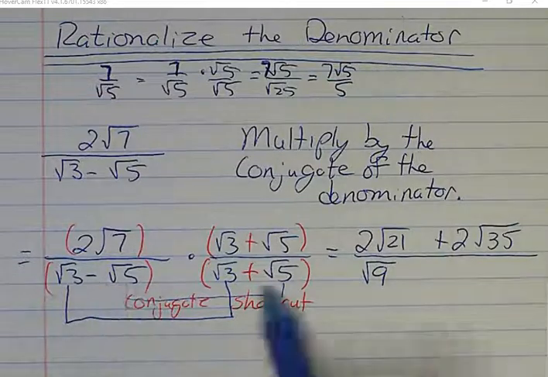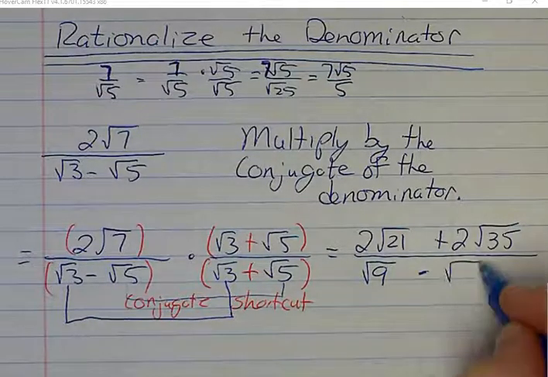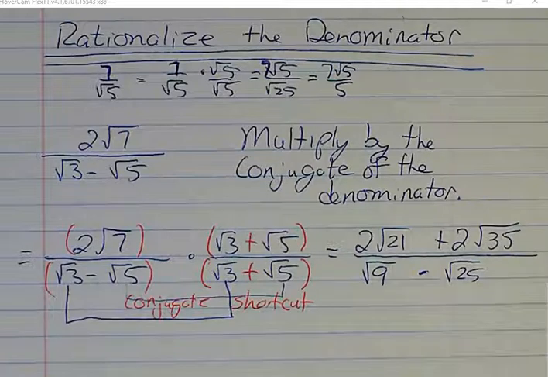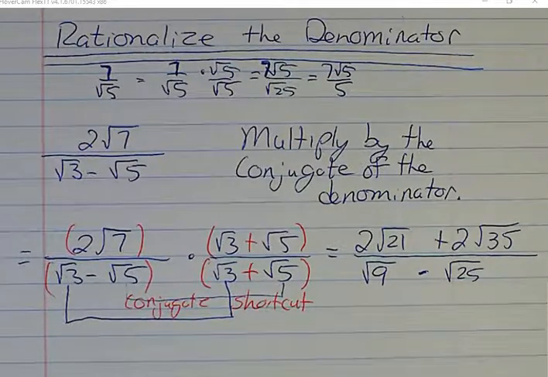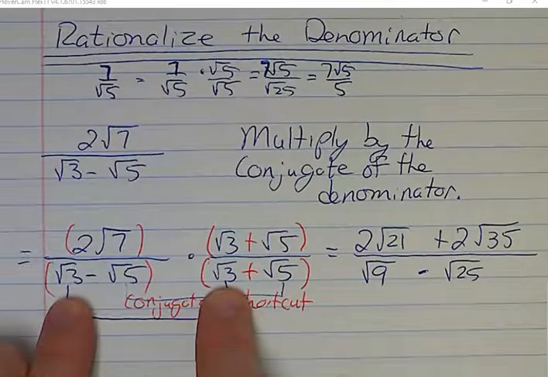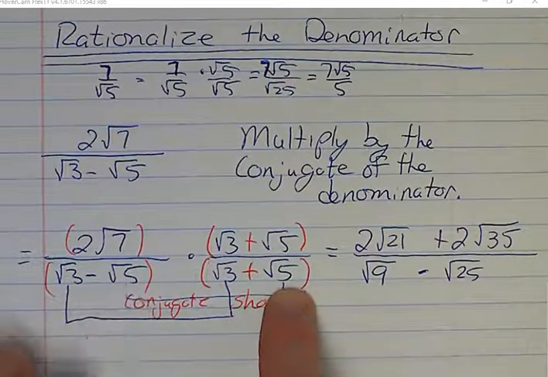Now, it is a negative times a positive, so it's going to be a minus. 5 times 5 is 25. And you don't have to worry about the middle two terms, because when you do the conjugates, they're going to knock each other out, and you're just left with the first times the first and then the last times the last. It'll always be the same number times itself and then the same number times itself every single time.